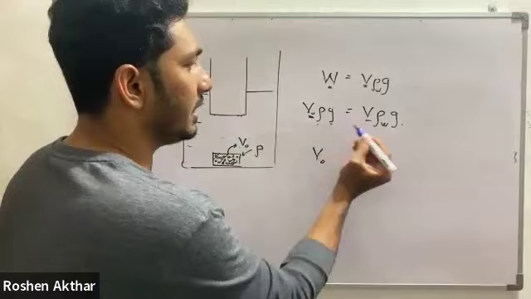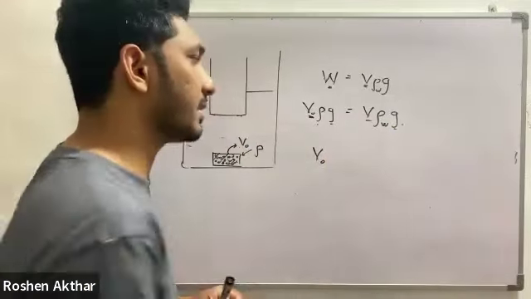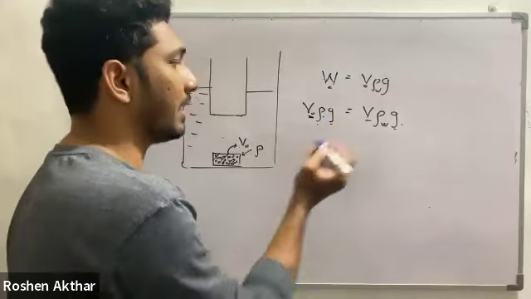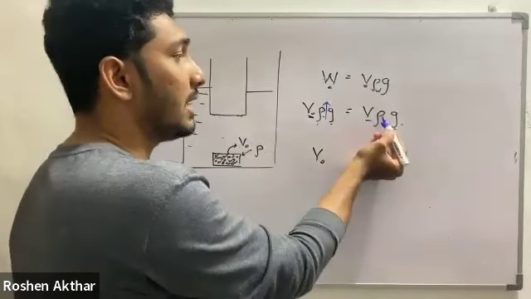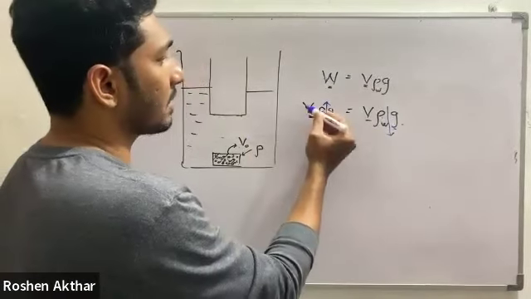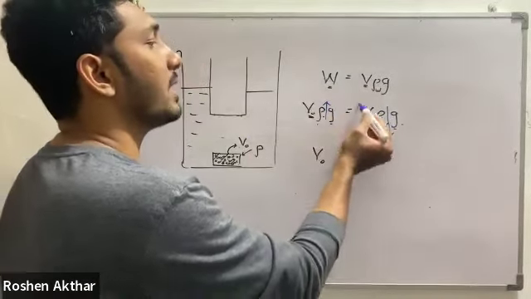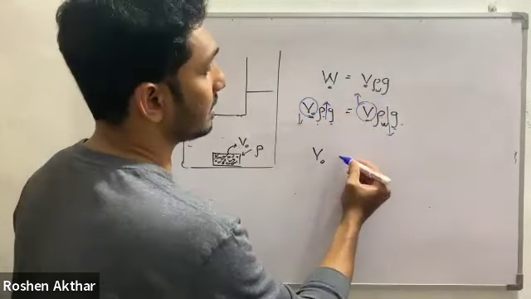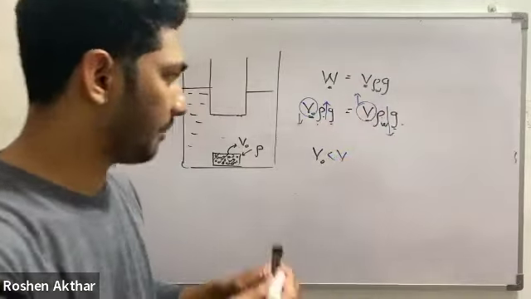G is common for both sides. The resultant density of this metal piece is higher. Here, rho_w is less than that of the metal piece. So to balance the equation, this should be greater than this. So V naught is less than V.